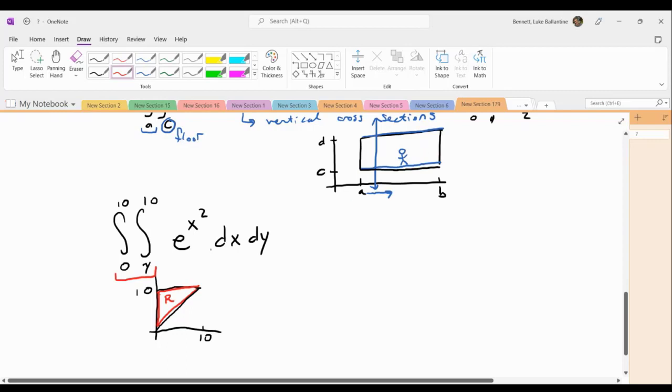Wait, hold on, did I do this right? dx. Let me change these. 0 to, okay, this is a little bit more correct. 0 to y. Okay, and this information is good now. And then this guy, what does this say? This is a horizontal cross section.